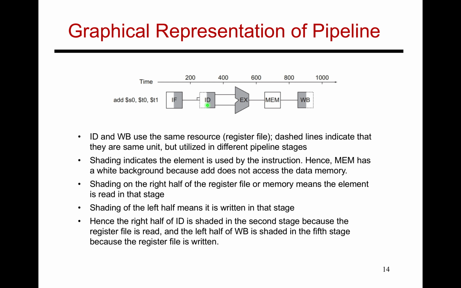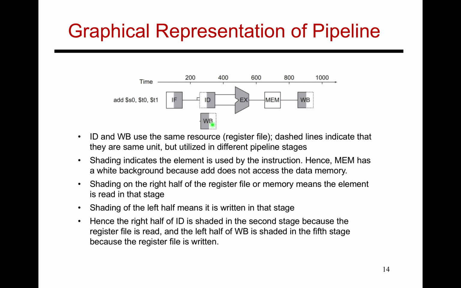So basically, these two units are the same. So in fact, what we have is a four-stage pipeline: IF, ID, execution, memory, and write back, which is the same as operating on the register files, but we are doing it at different cycles.